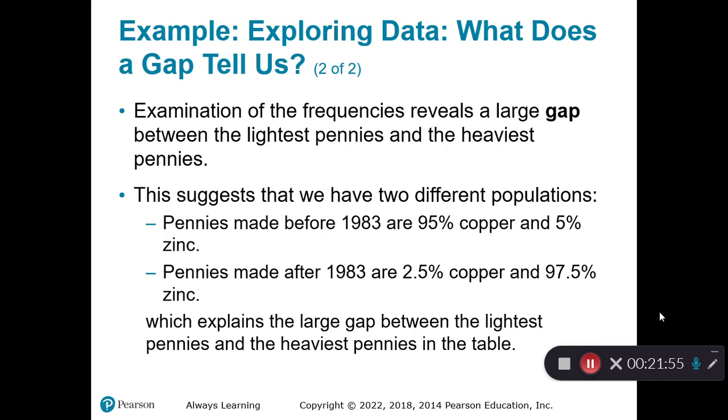And of course, copper and zinc, being different materials, do have different densities and weights. And so this explains the gap in our data. The pennies that weighed less and the pennies that weighed more quite possibly were manufactured either before 1983 for one group and after 1983 for the other group.